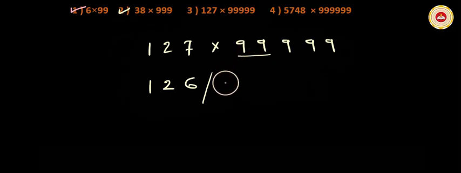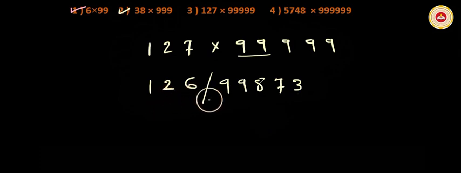Okay, so write marked 9s in the right part first, and after that what to write? Subtract these 3 digits of left part from 9 and write after these 2 digits. 9 minus 1, 8. 9 minus 2, 7. 9 minus 6, 3.